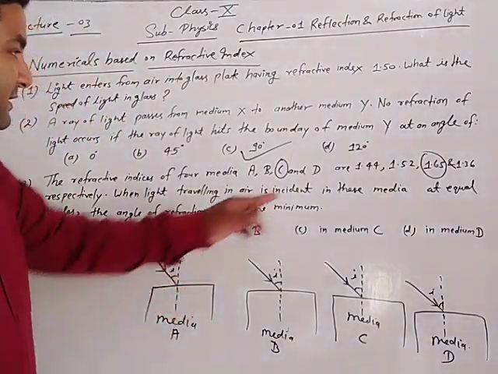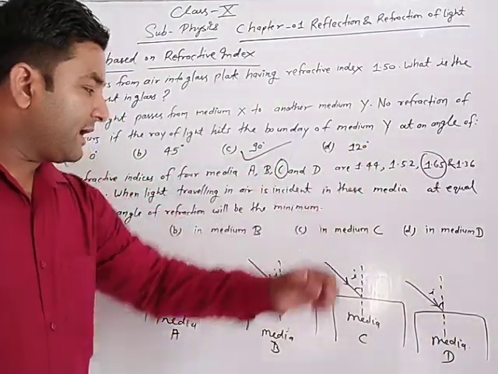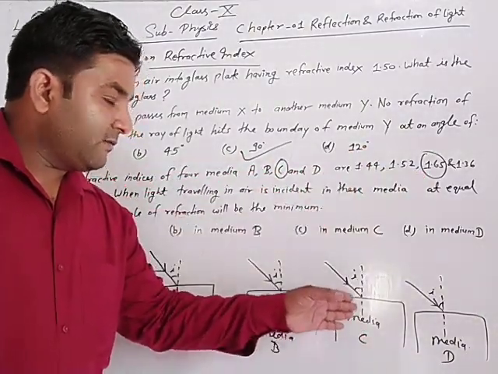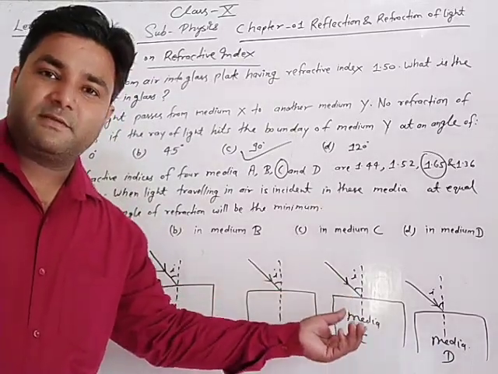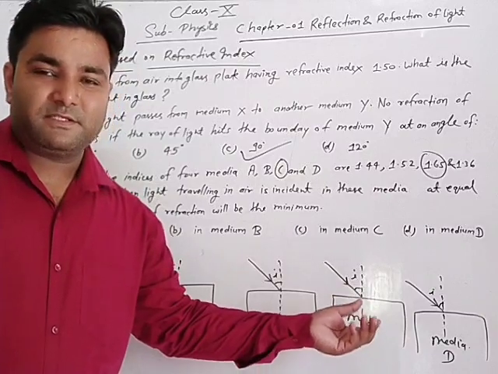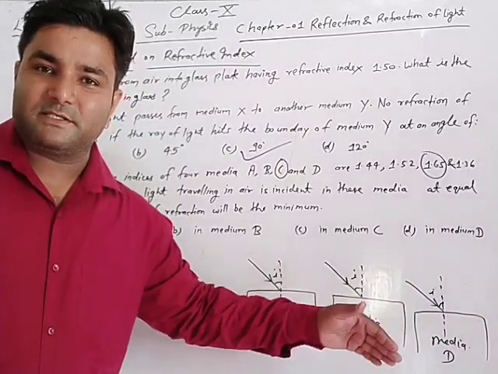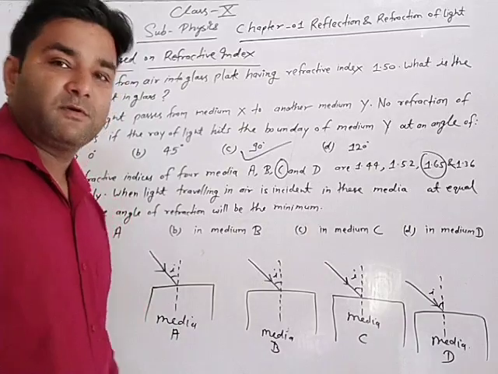The refractive index of this one is greater, and in this case whenever the light is refracted, the speed in medium C will be the least, and whenever the speed is least, the maximum deviation towards the normal will be possible.